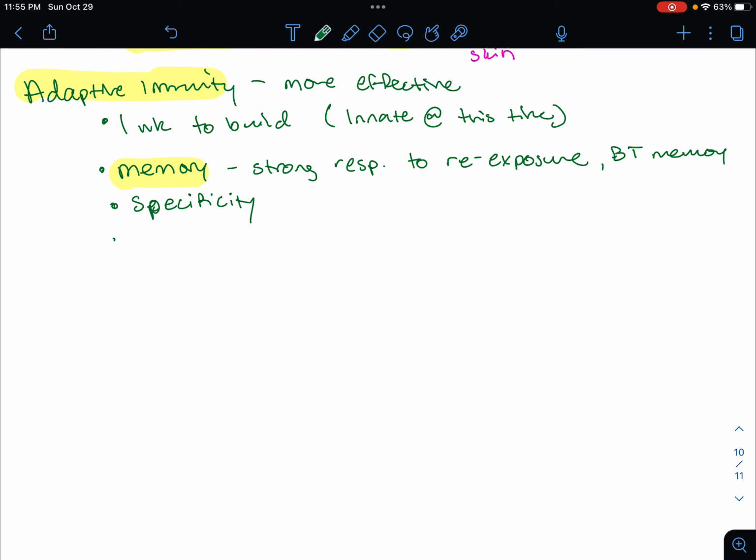The body must distinguish between your own cells and the dangerous non-self, because you don't want your immune system to be going after your own cells. That's a lot of these autoimmune diseases that cause that, and that's just not really good at all. Versus the danger.